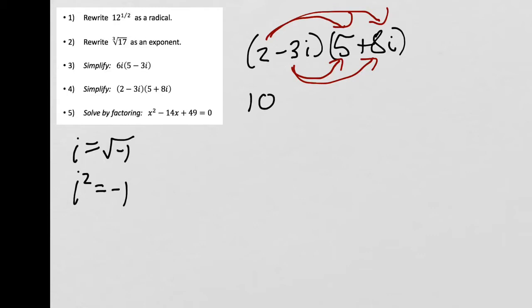Then we have 2 times 8i, which is 16i. Then we have negative 3i times 5, which is negative 15i. And then we have negative 3i times 8i, which is negative 24i squared. Okay?